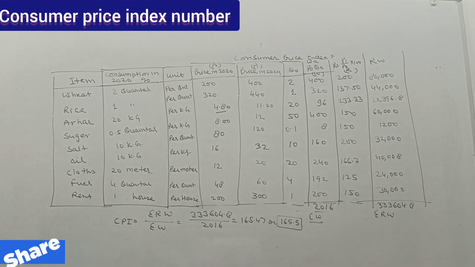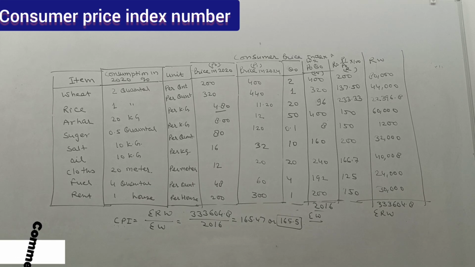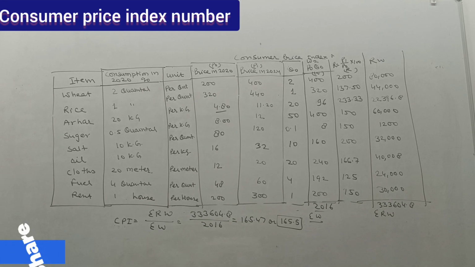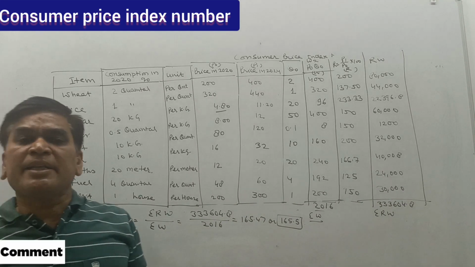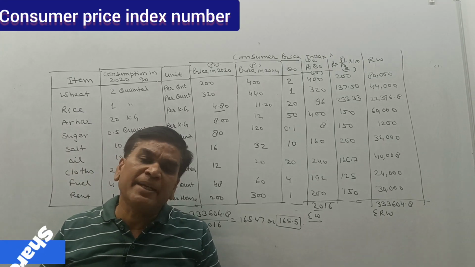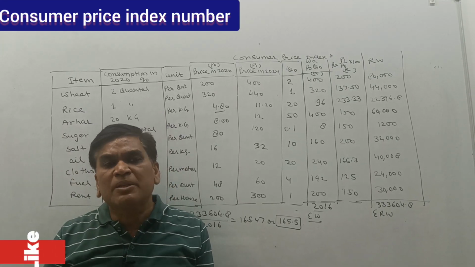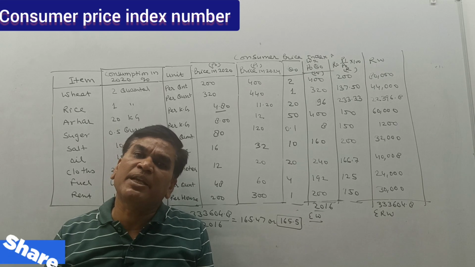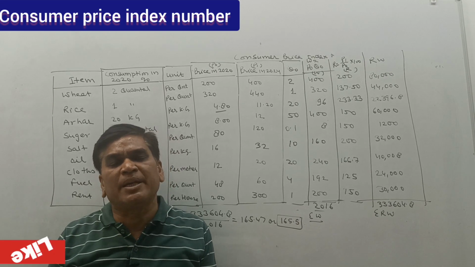We have done the same question with both methods. First we used the aggregative expenditure method, in which we calculated sigma P1 Q0 divided by sigma P0 Q0 multiplied by 100.